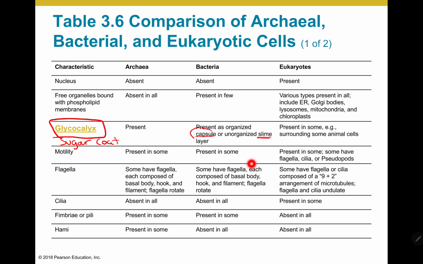I should mention that those capsule bacteria are really common. The bacteria that have these capsules are those prevalent bacteria that actually cause disease or illness in us humans. Now the slime layer, for example, is where glucose is going to be used in the glycocalyx for sure.